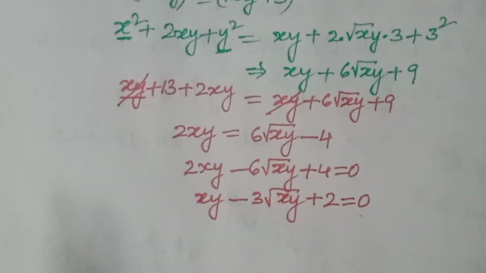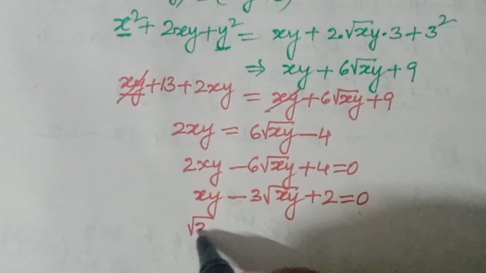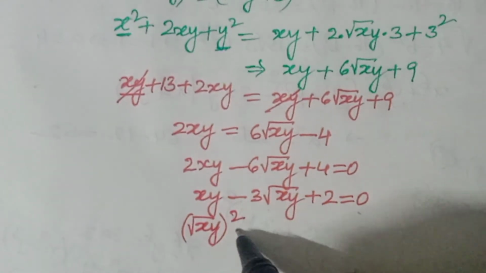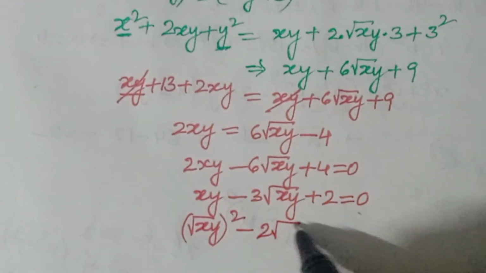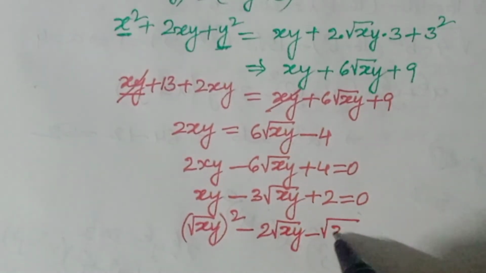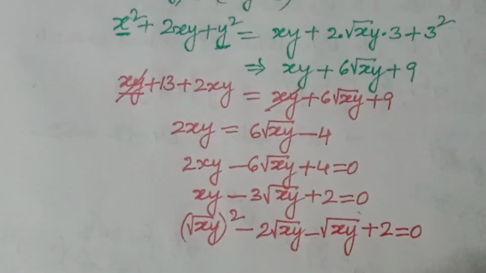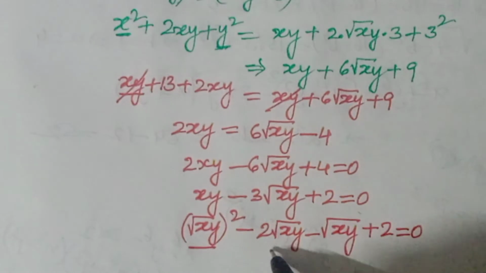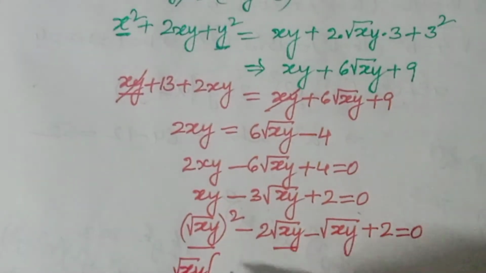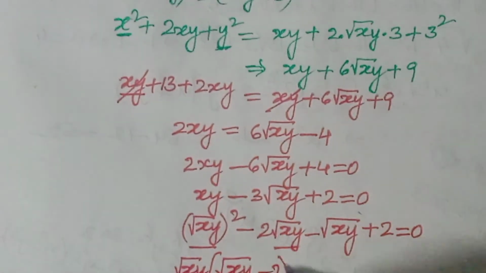Now here you have to find the factors. It is a quadratic. Here how will you get the quadratic? Root xy whole square minus, writing two factors, 2 root xy minus root xy plus 2 equal to 0. So here you can take root xy common, so root xy minus 2.